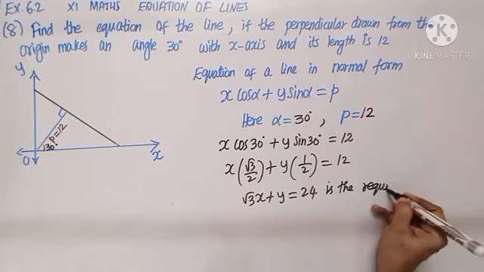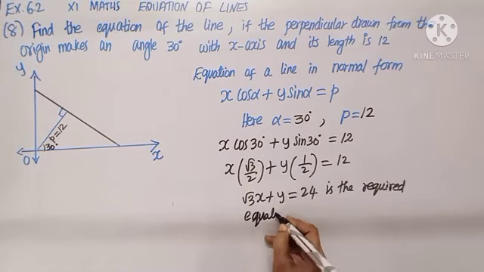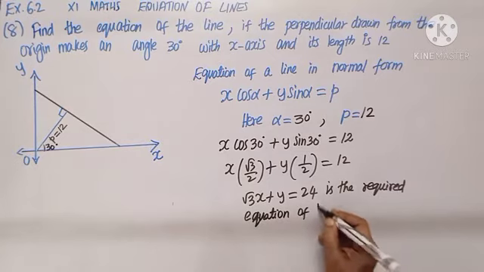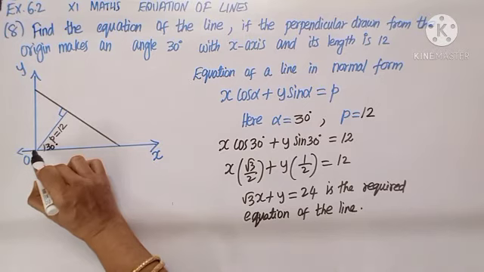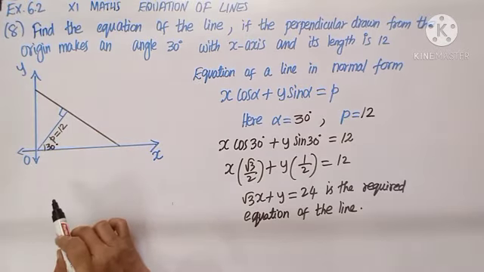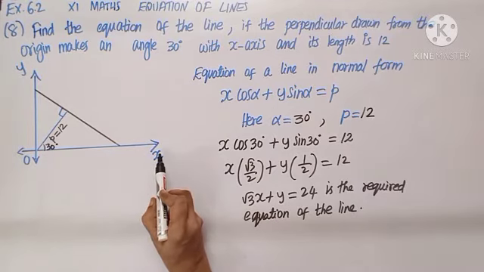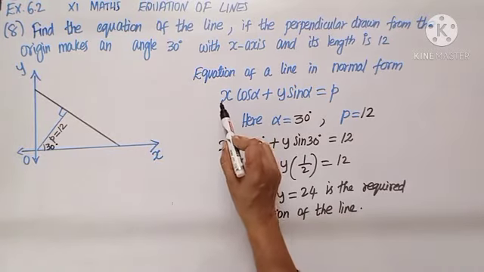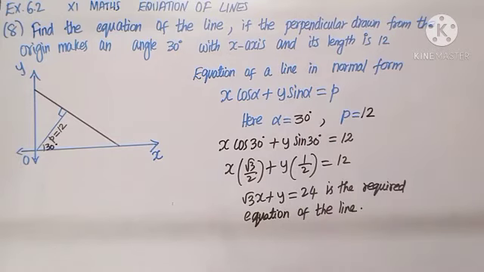So this we call normal form of a line. Given the length of perpendicular and angle made by the perpendicular with x-axis, I can use x cos alpha plus y sin alpha equals to p.